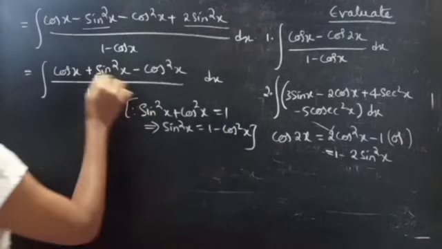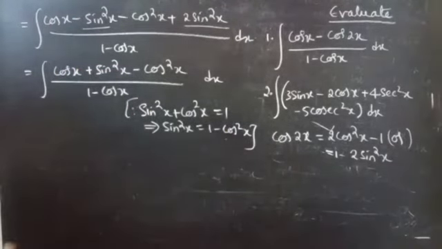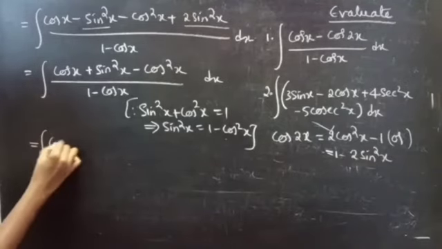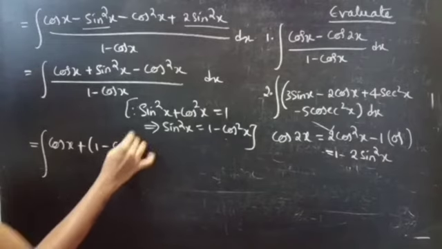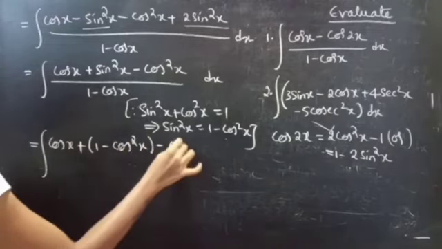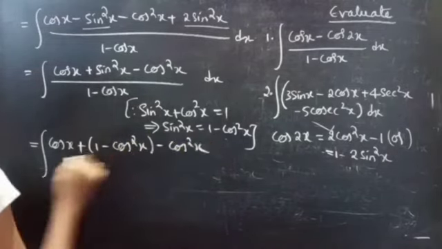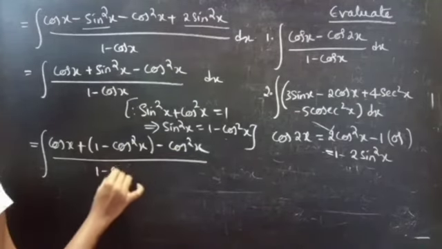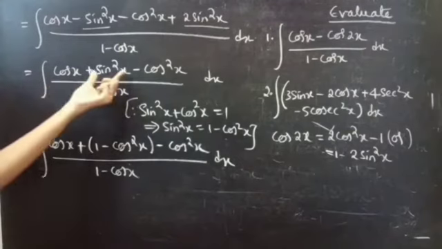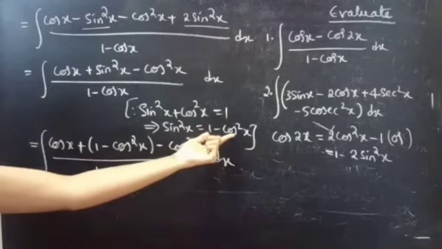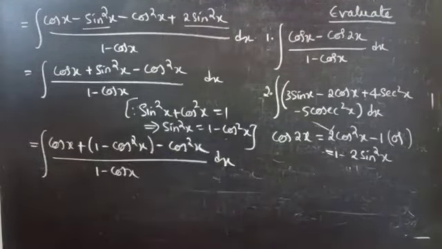Now replace this sine square x with 1 minus cos square x, you'll get integral cos x plus 1 minus cos square x minus cos square x by 1 minus cos x into dx. Simply we are replacing sine square x by 1 minus cos square x.